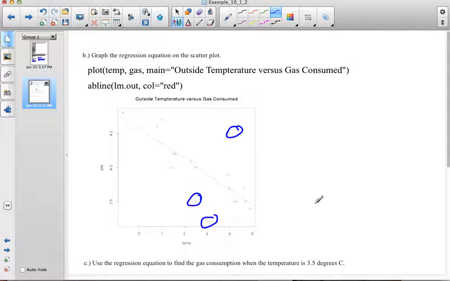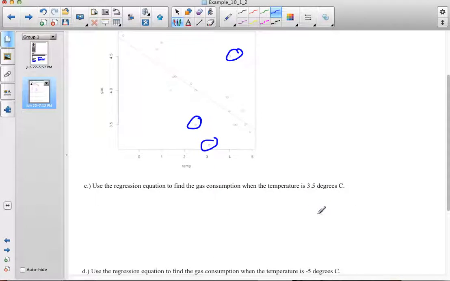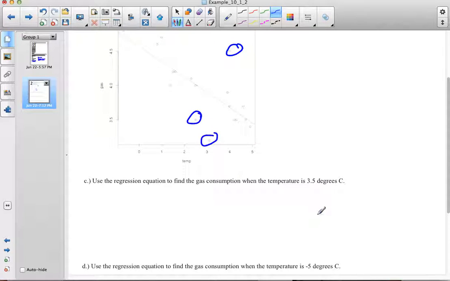So now that we know that our line fits okay, and we know what the line is, we can now use that line. So let's go ahead and use the line. We'll use the regression equation to find gas consumed when the temperature is, let's say, 3.5 degrees Celsius. So remember, our equation is y hat is equal to 4.571 minus 0.223x.